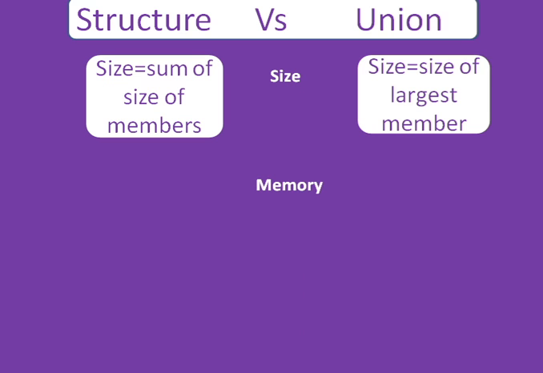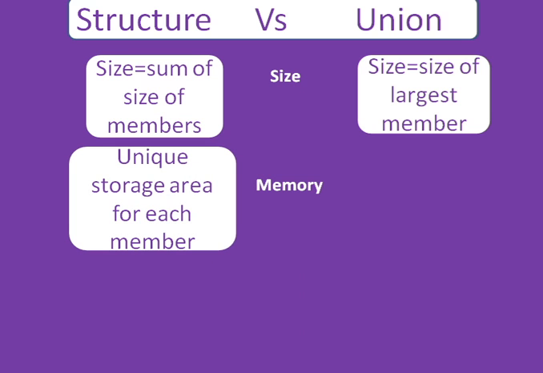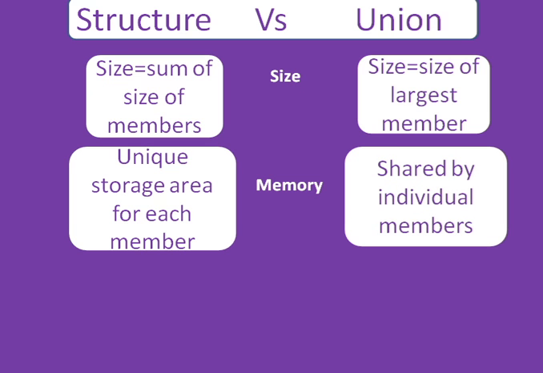And memory. In case of structure, every data member has a unique storage area. Whatever data members are available in the structure, each data member has a unique storage area, a unique address, where the corresponding values can be stored. But in case of union, there is only one memory area that is shared by all the members available in the union.